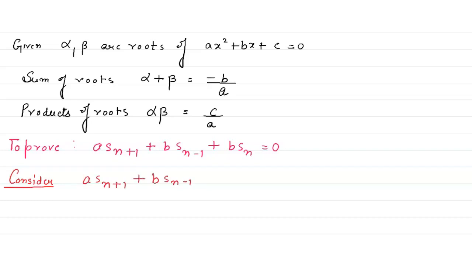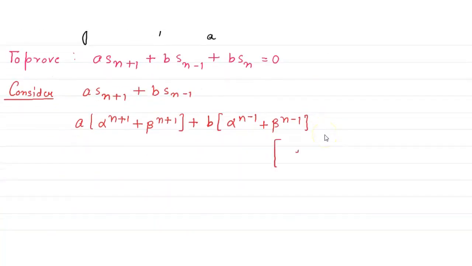First we will consider this. Now we can write it as a alpha^(n plus 1) plus beta^(n plus 1) and c alpha^(n minus 1) plus beta^(n minus 1). Now you will say how this came.